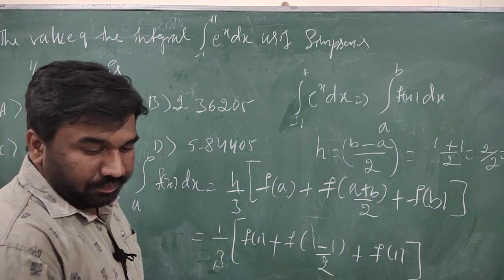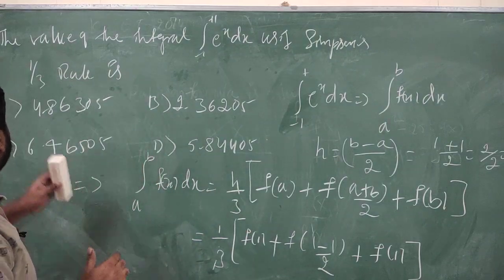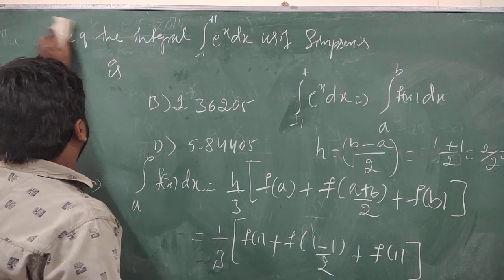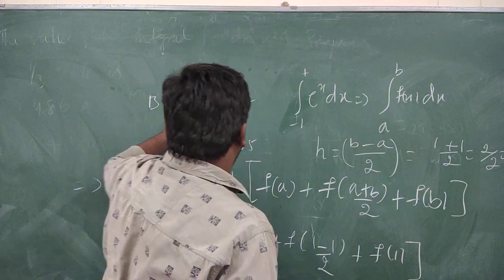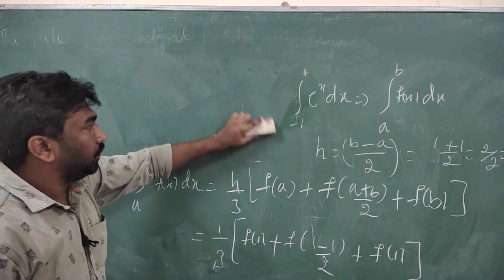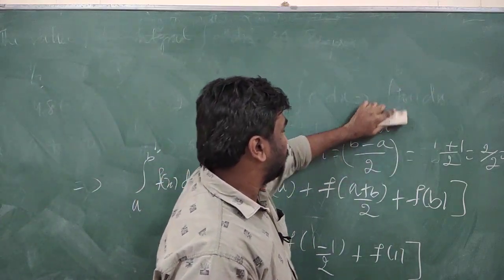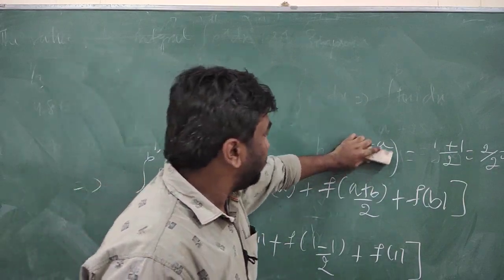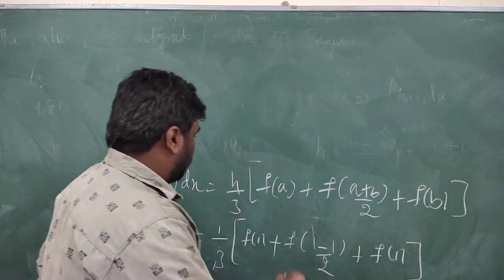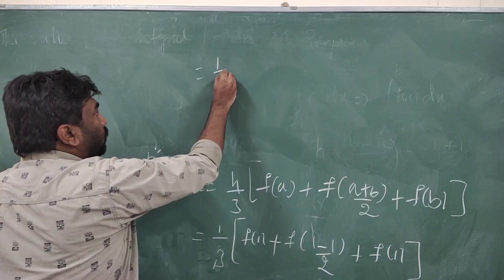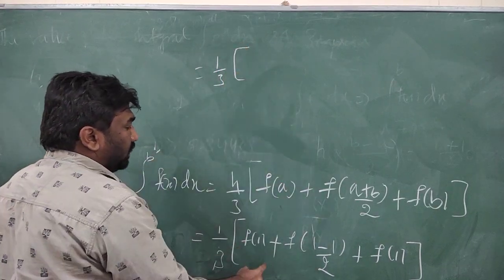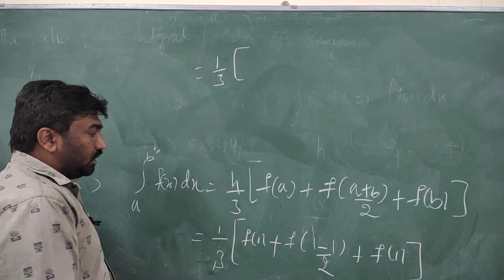Okay, so if you substitute all these values, we will get 1 by 3 into f of minus 1.